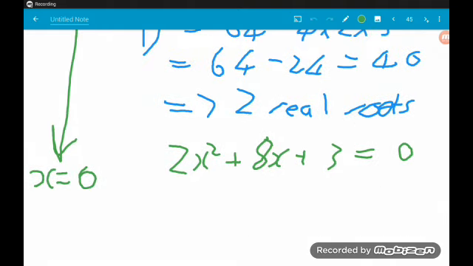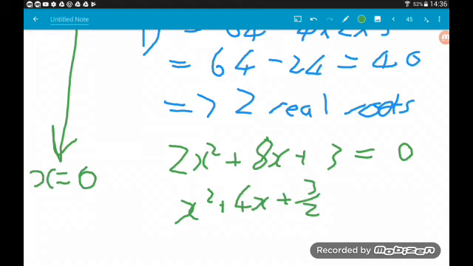Now, because this is a quadratic equation and not just an expression, we can divide through by this 2 attached to the x squared. So that would leave us with x squared plus 4x plus 3 over 2 is equal to 0.